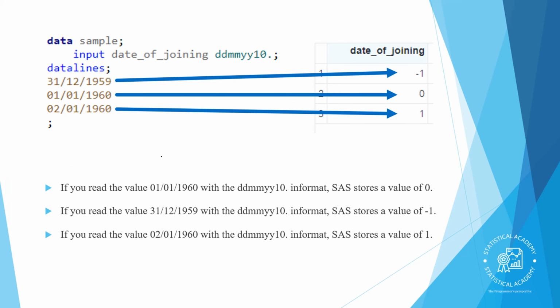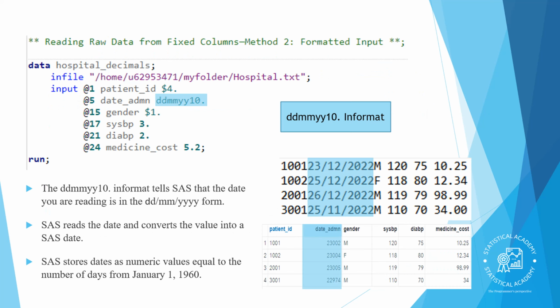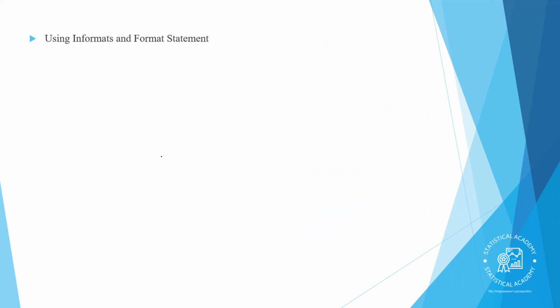If you read the value of 31st December 1959 with the DDMMYY10. informat, SAS stores a value of -1. The same way for our hospital dataset, dates are stored as the number of days from 1st January 1960, using INFORMAT and FORMAT statements.